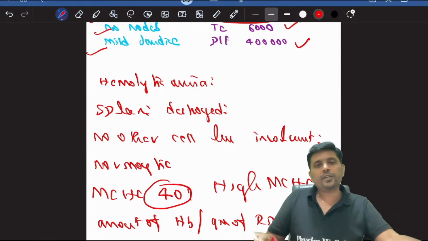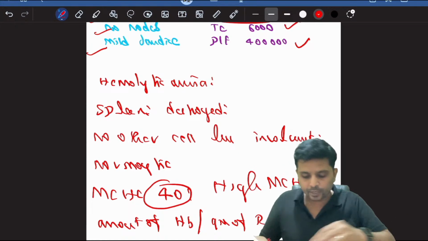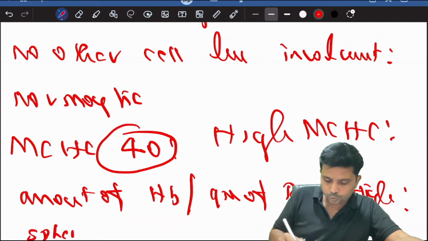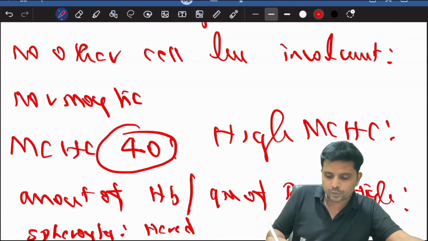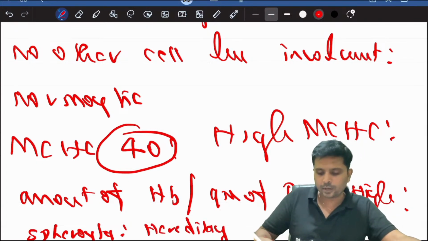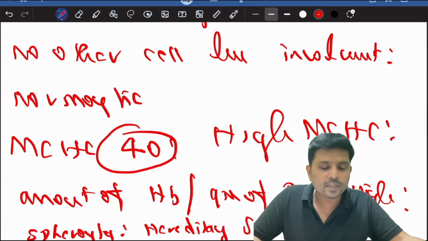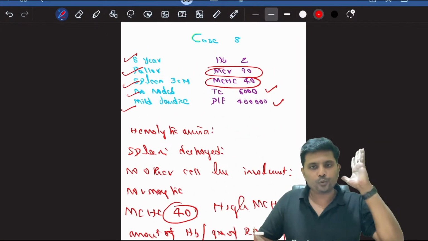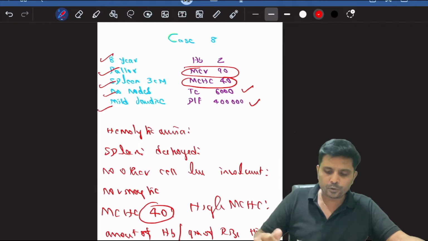In which condition will you get this very high MCHC around 40? It is a case of spherocytes. Most probably this is a case of hereditary spherocytosis. So anemia with high MCHC is hereditary spherocytosis unless otherwise proved.